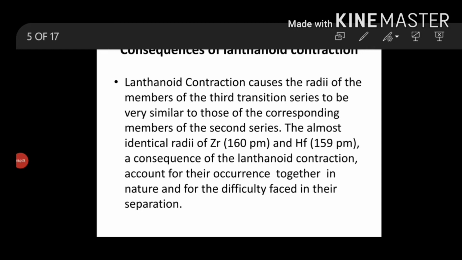In this case, the usual increase in size on moving down the group from second to third transition elements is cancelled by the decrease in size due to lanthanoid contraction, due to which they have nearly similar atomic sizes.